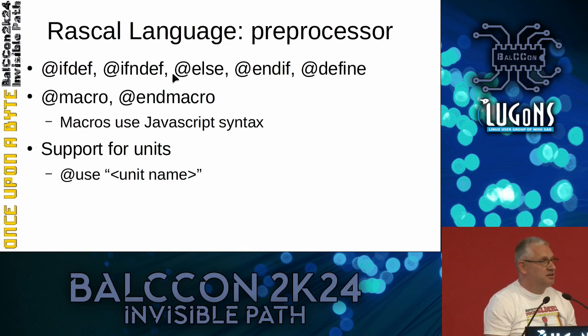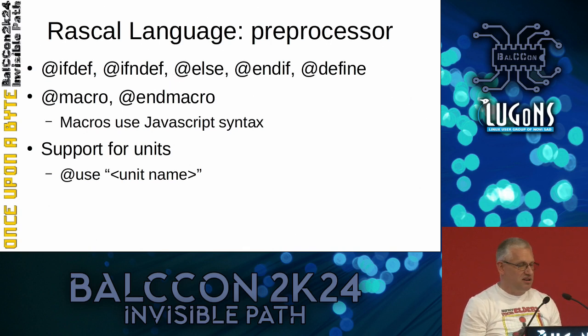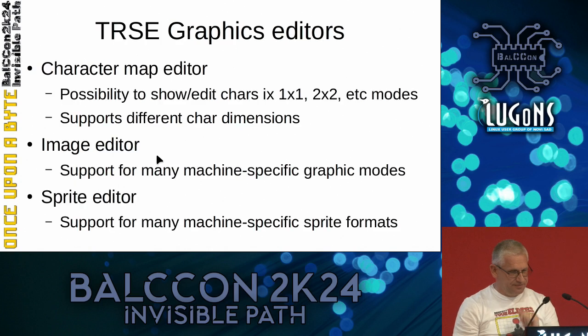As for the preprocessor, we have, let's say, the usual suspects. You can have parts of the code that can be included in your final executable depending on some rules. There is support for macros and support for having code not just in one file, but scattered over some logic units.